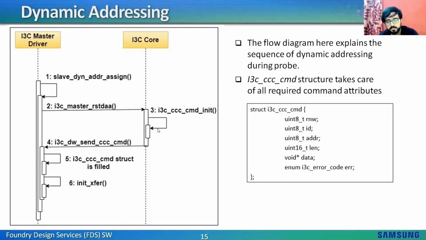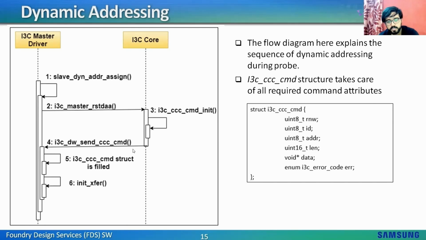To do so, it takes help of another function, this I3C CCC command init function. This function is used to initialize the common command codes for different purposes, in this case, for resetting dynamic addresses. After this, the send CCC command function is called.